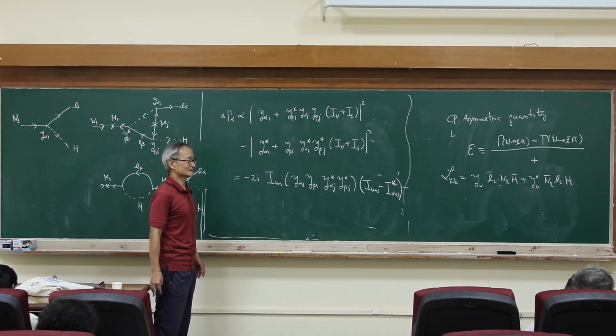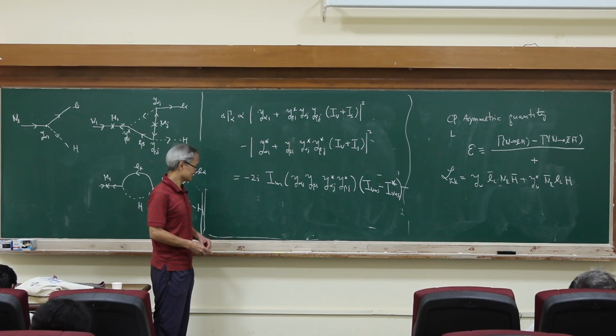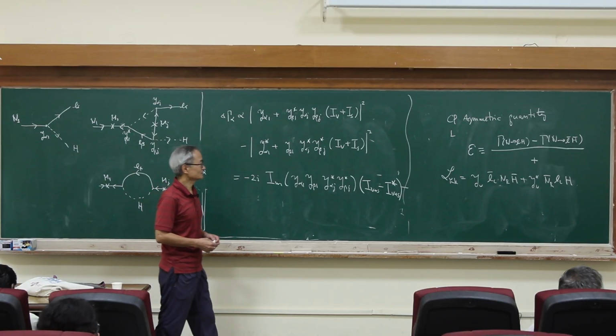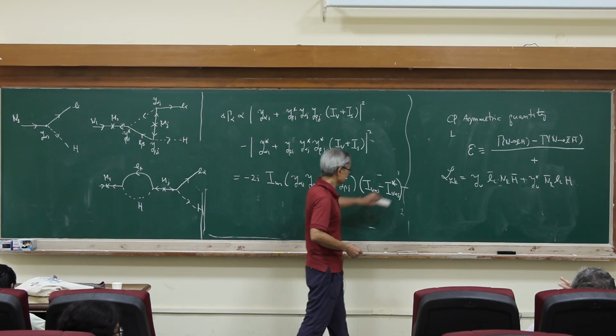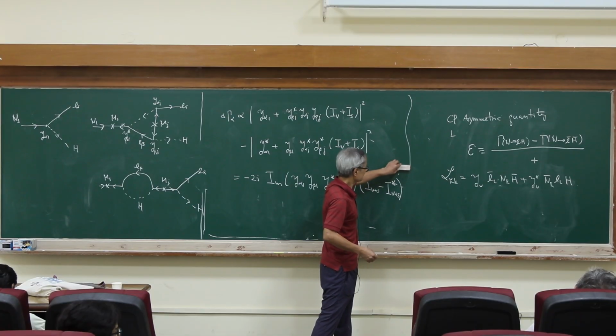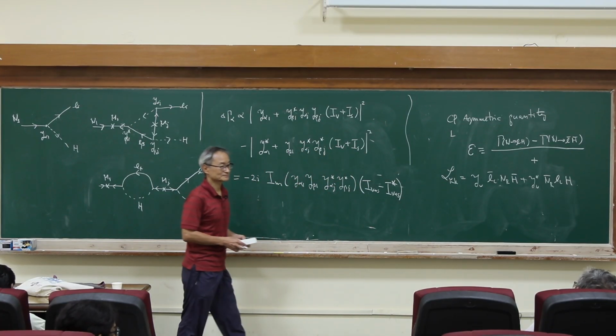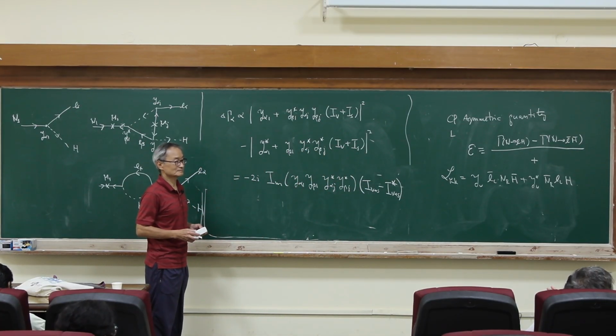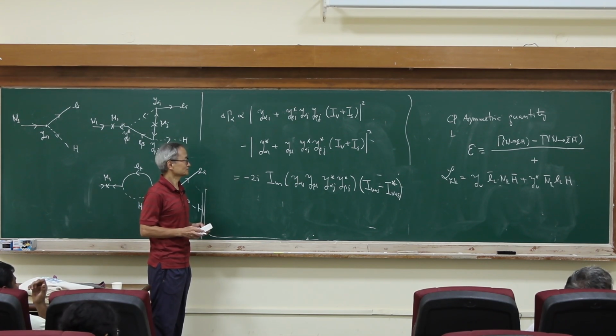Inverse hierarchy. Typically, the neutrino running is very large, and so it will reflect in the Yukawa running also. There is one Yukawa which is very large, at least one Yukawa, a hierarchical Yukawa. That's right. One of the Yukawas is as large as the top Yukawa, and its running effects are large.